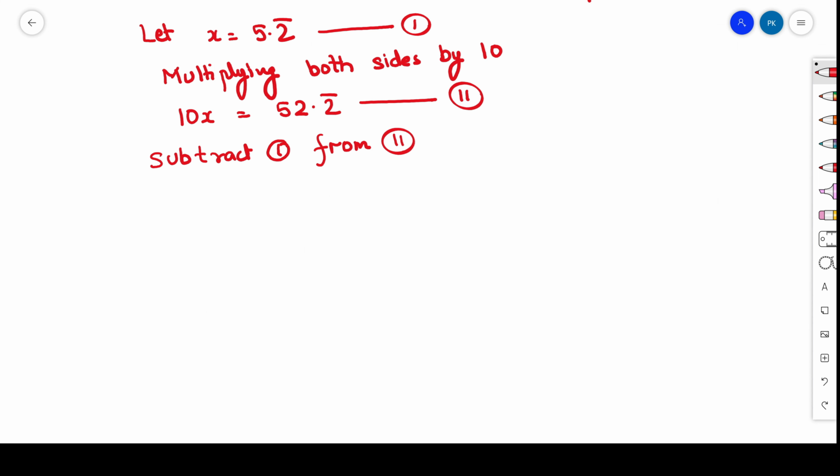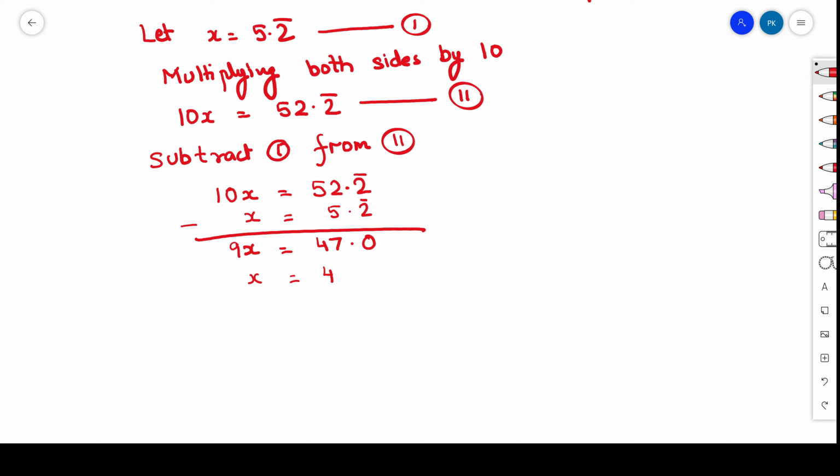Subtract 1 from 2. We get 10x minus x is equal to 52.2 bar minus 5.2 bar. The 0.2 bar will get cancelled. We will get 0 here, and here we will get 47. Here we get 9x. So 9x is equal to 47, which gives us x is equal to 47 by 9.